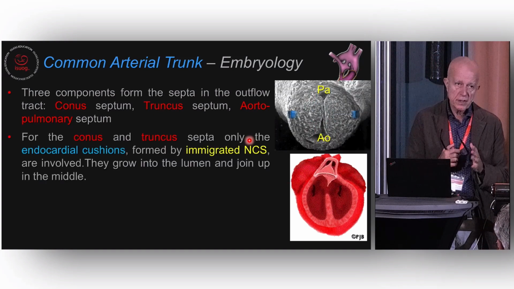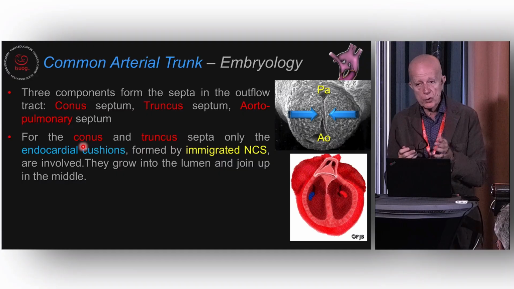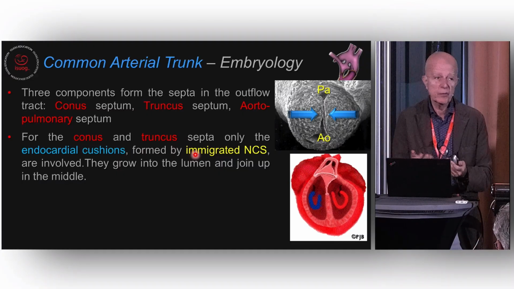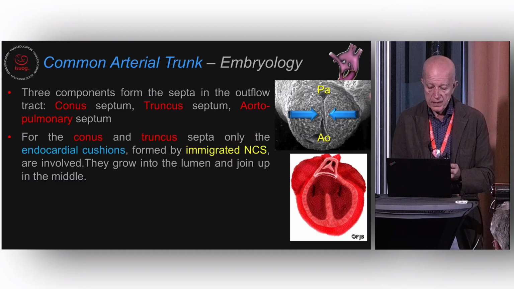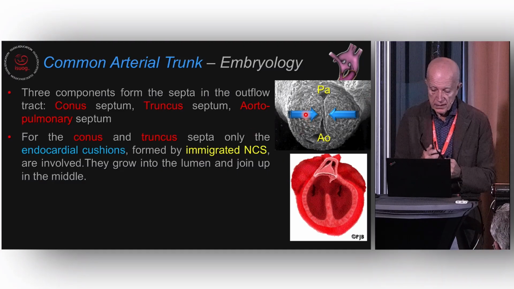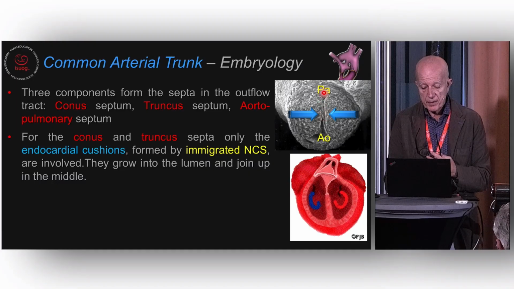And the two features that are more relevant are that the first two components of the septum are made by migrated neural crest cells, okay? And this is a nice transmission electron microscope image of a chicken, of the two cushions of neural crest cells that are going to fuse on the midline and separate eventually the pulmonary trunk in the front from the aortic trunk in the back.